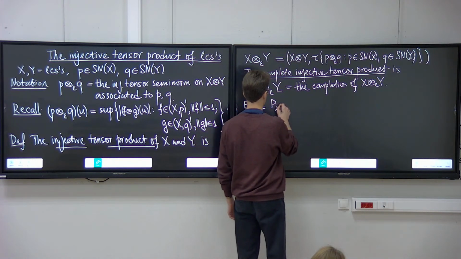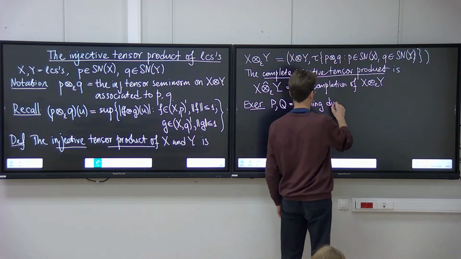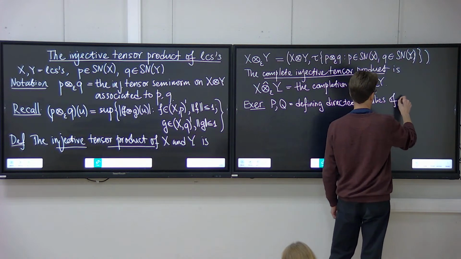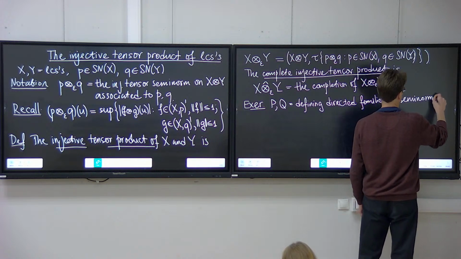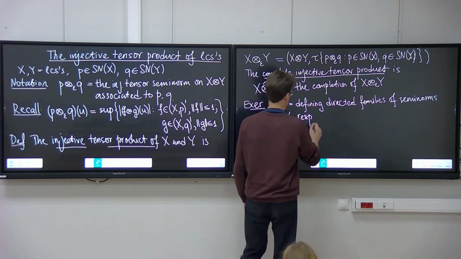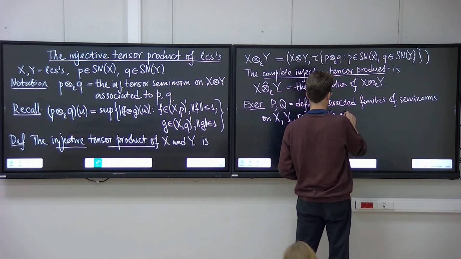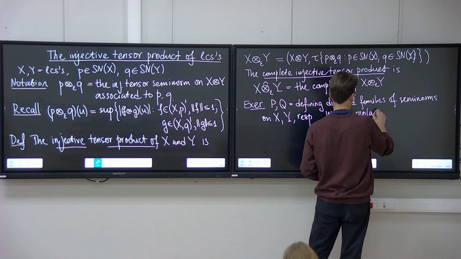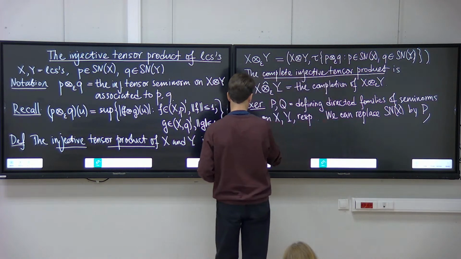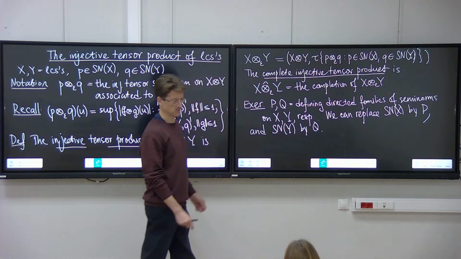So if P and Q are defining directed families of seminorms on X and Y respectively, then we can replace the family of all continuous seminorms of X by P, and similarly, the family of all continuous seminorms on Y by Q. And we get the same topology.